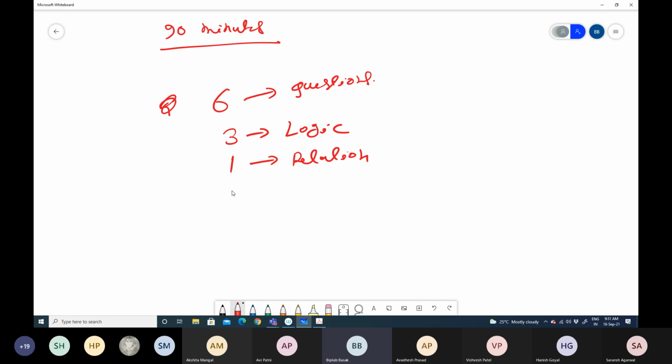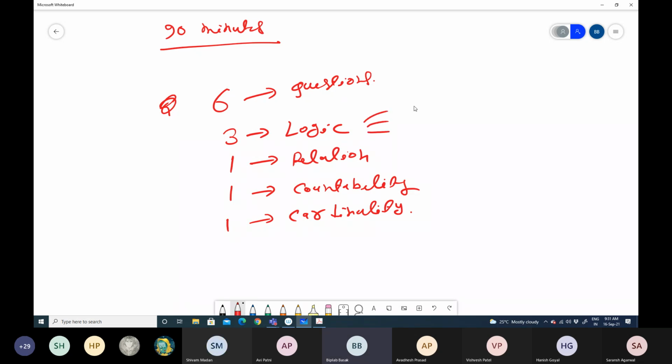Then we have the sixth and seventh lectures: one on countability, one on cardinality. So this is my rough plan. These 3 questions will have 3 different types, obviously.